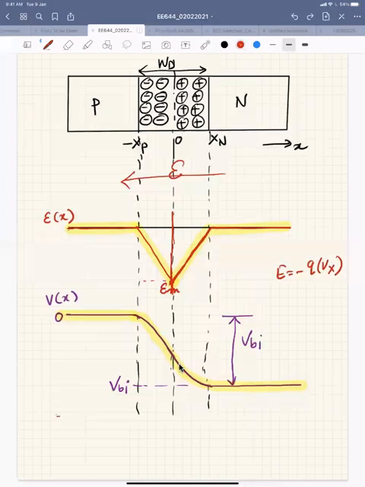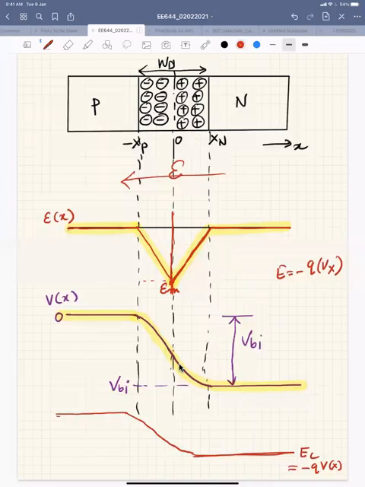It should be like this, because this just replicates the potential. And this can be EC or EV, whatever you plot, and this is nothing but minus q times your Vx.